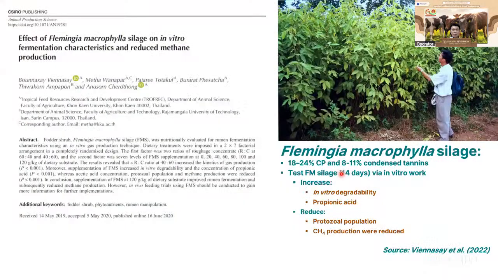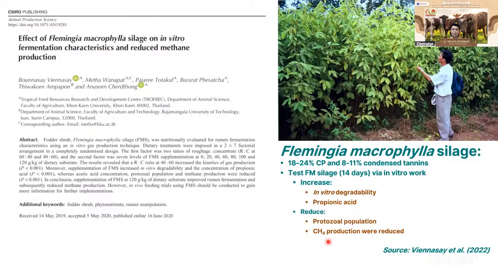Another colleague demonstrated that Firmicea microphylla was made into silage. This plant contains quite a high content of tannin. After fermenting for 14 days, or 2 weeks, it enhanced in vitro degradability as well as propionic acid.